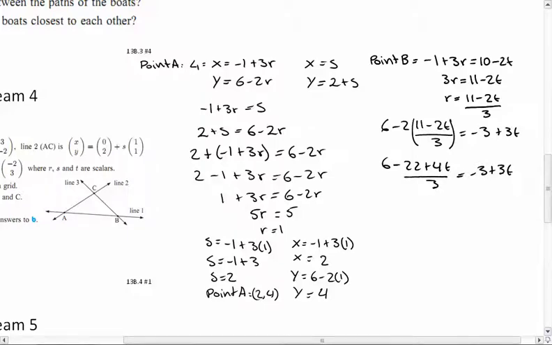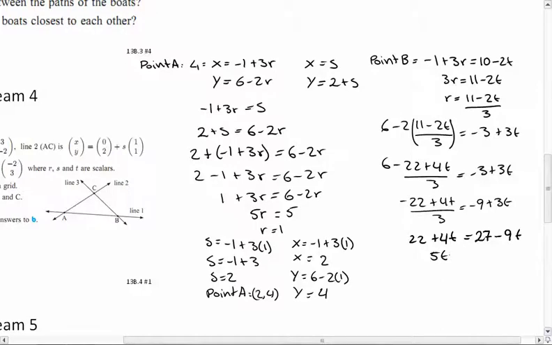And then you can move the 6 over, so you have 2 plus 4t over 3 equals negative 9 plus 3t. And then you can multiply by 3, so you have 2 plus 4t equals 27 minus 9t.